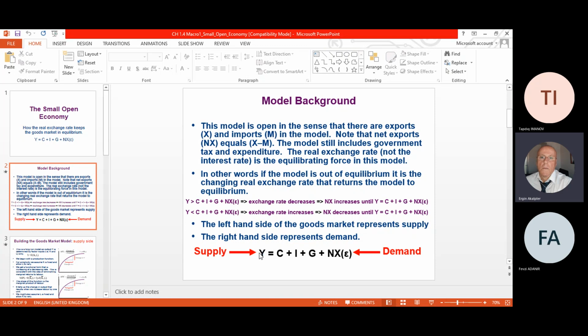In the other case, if the output becomes lesser than the consumption, investment, governmental expenditures, and net export, then we suppose that the exchange rate increases, and at the end of the day, the net export decreases, because you have to reduce it for maintaining the equality between output and the components of the GDP: consumption, investment, governmental expenditures, and net export.